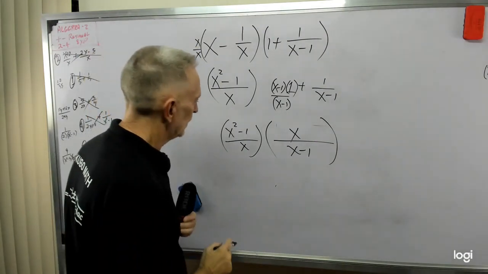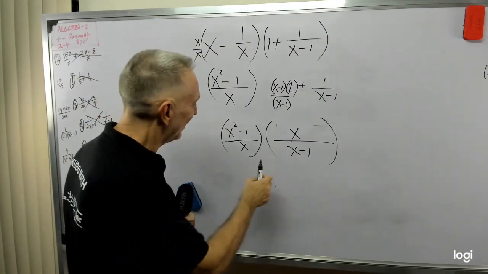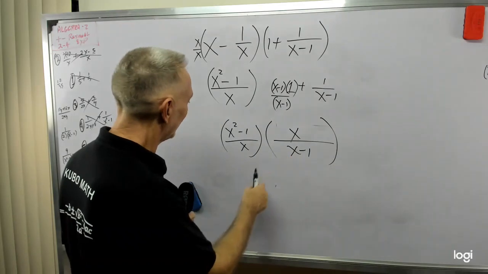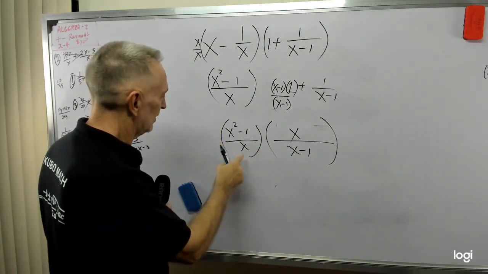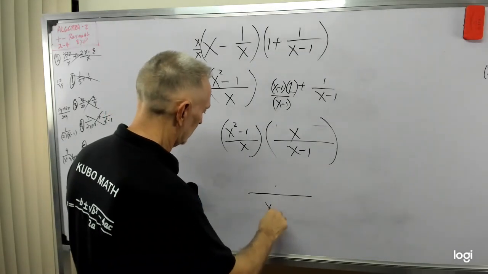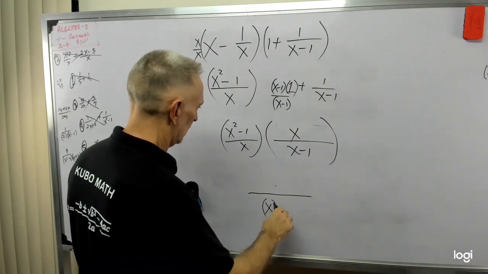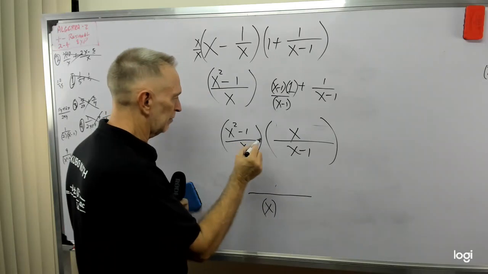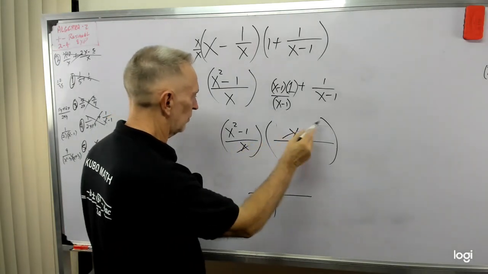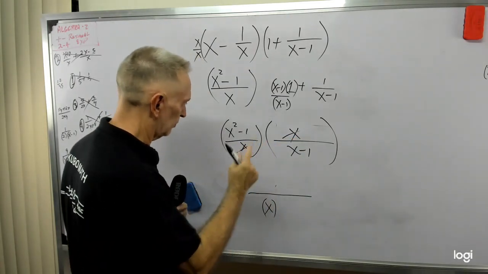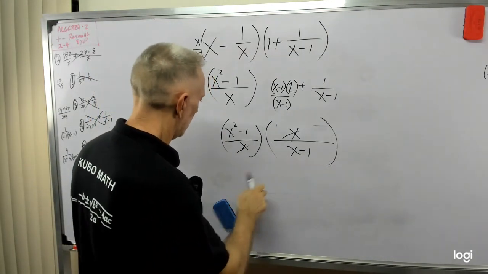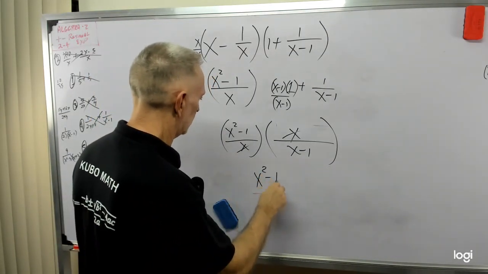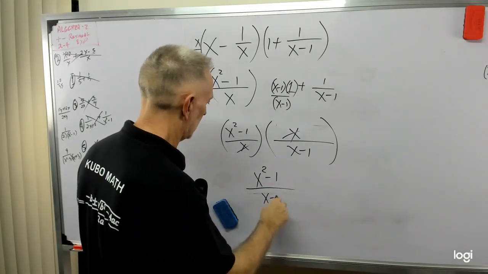Okay, now I need to get a common denominator again. We can simplify before we do that. The x over x just cancels. That works out good. So now I have x squared minus 1 over x minus 1.